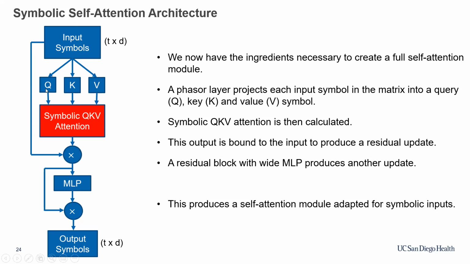They're projected via a single layer to the query, key, and value matrices. We compute the attention mechanism we just presented in the last slide on that. That's combined in a residual step. That goes through one more multi-layer perceptron, which is a standard feature at the end of the attention block. Finally, that produces the output symbol. So this implements the full self-attention module as used in transformers, but adapted to symbolic inputs.